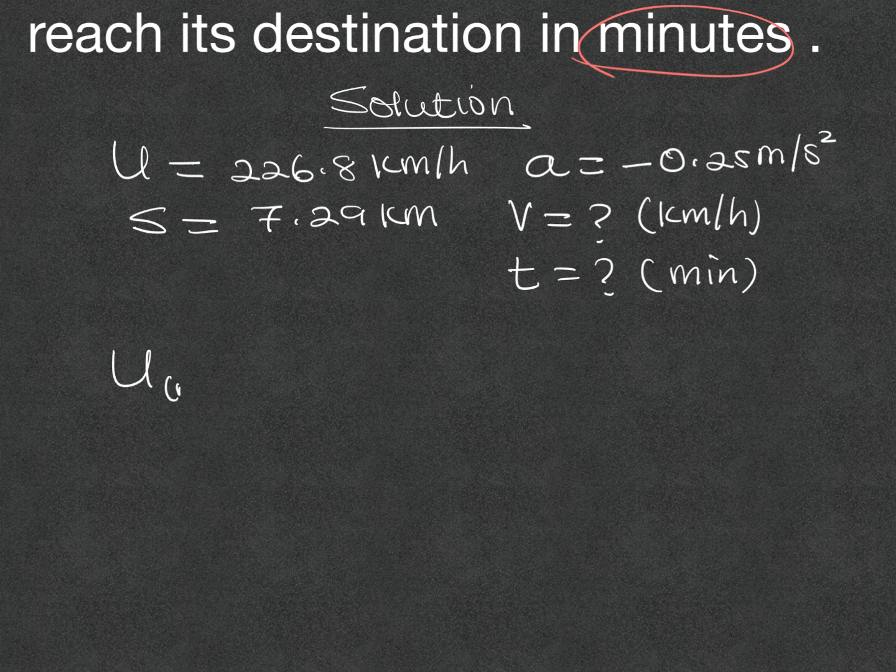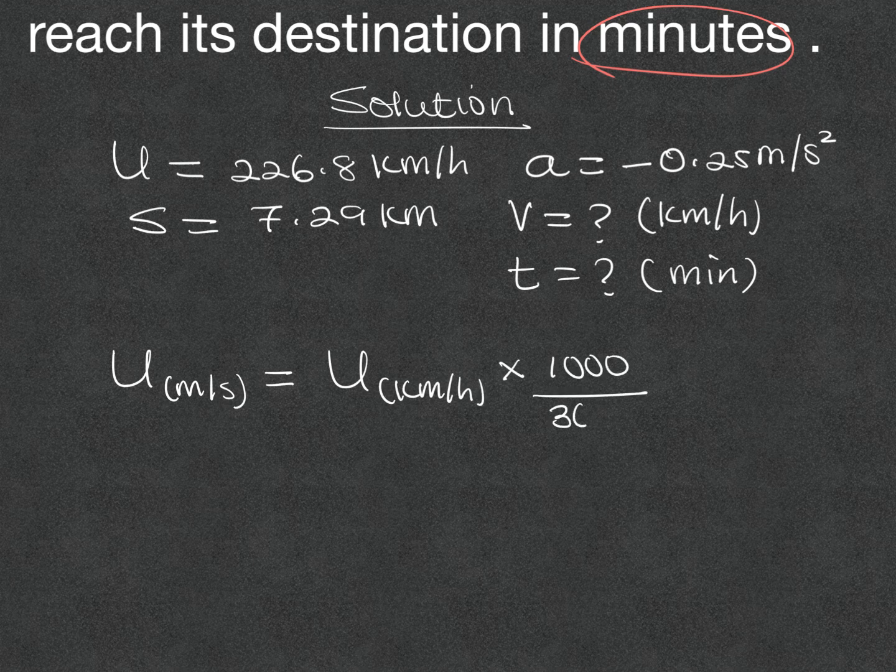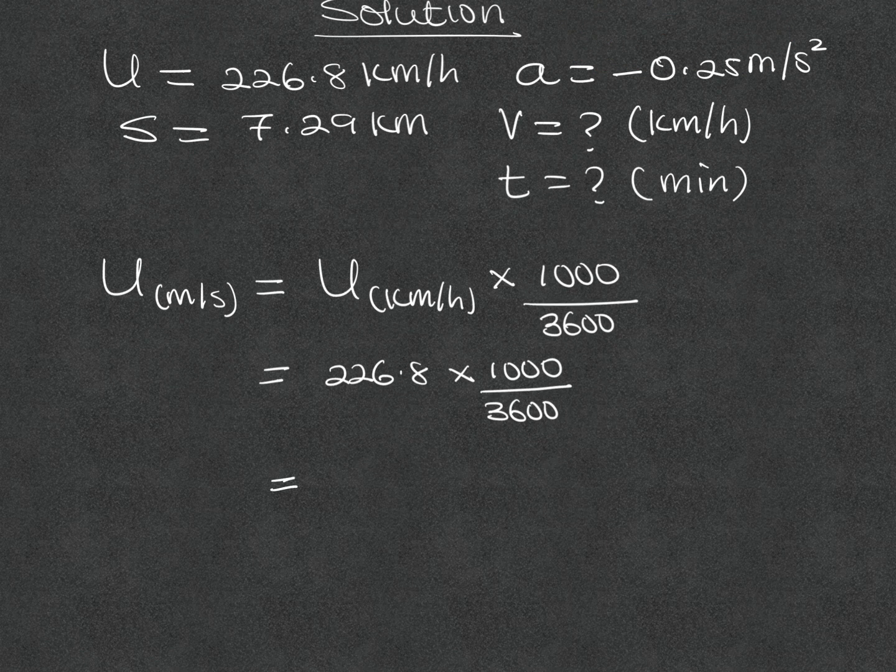The velocity in meters per second is equal to the velocity in kilometers per hour, multiplied by 1,000, divided by 3,600. So that will be 226.8 multiplied by 1,000 divided by 3,600, and we will have 63 meters per second.